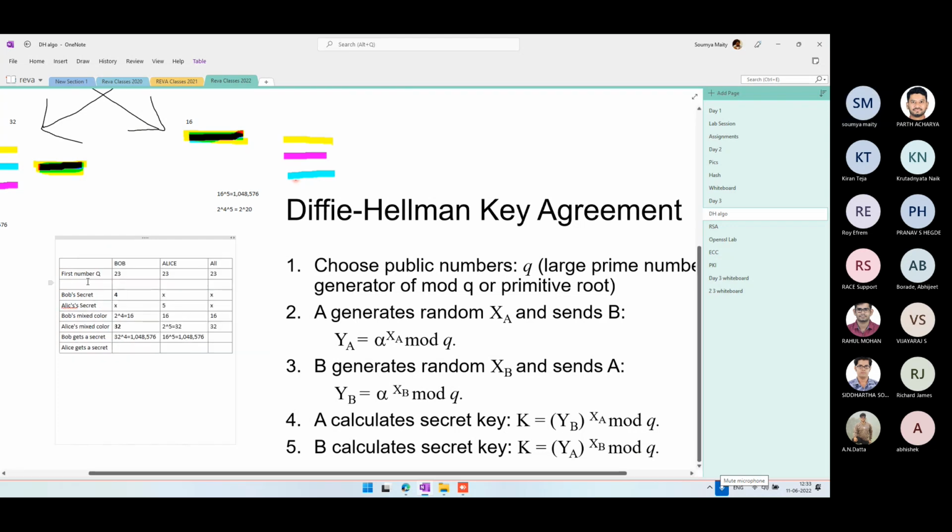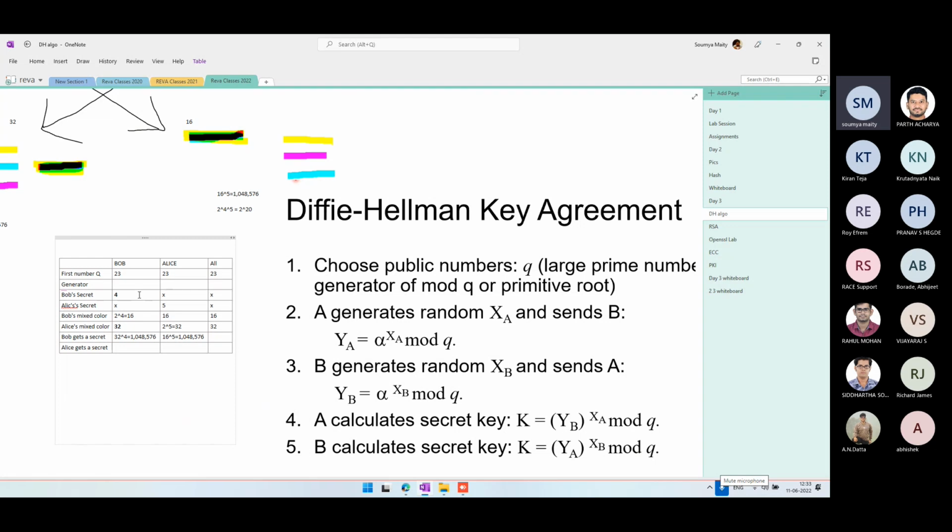The generator is nothing but another number which is called a primitive root of Q. I'm not going into that right now, but this is something called a generator.